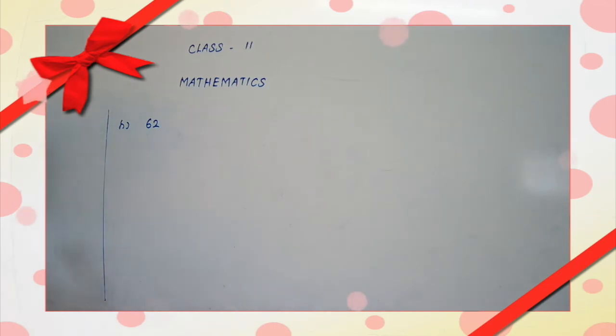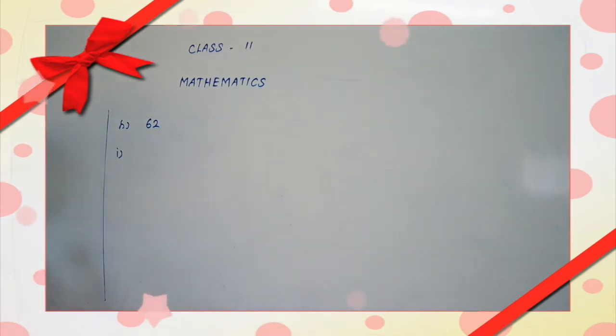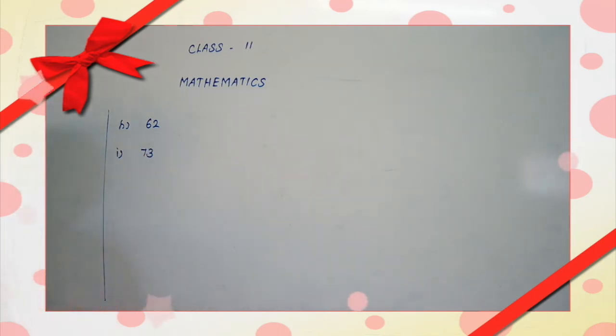Then the I option. 72. What comes after 72? 73. The answer is 73. Then the J one.